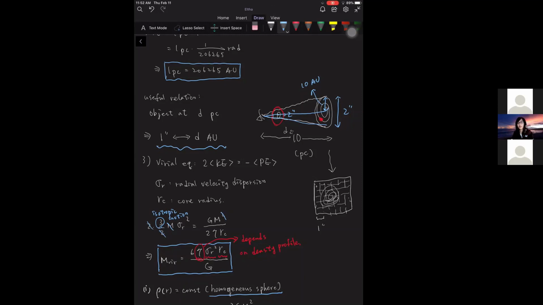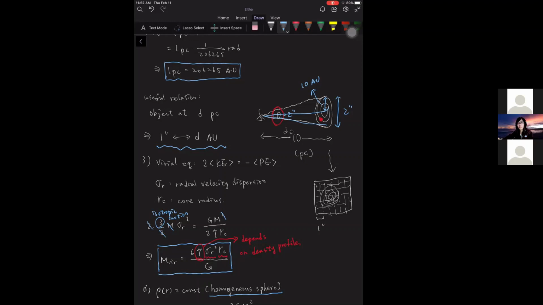It will depend on the object's distance. If the object is closer to us, the viewing angle would be larger. So the distance measured in parsecs will then give you a size in AU on that astronomical object.